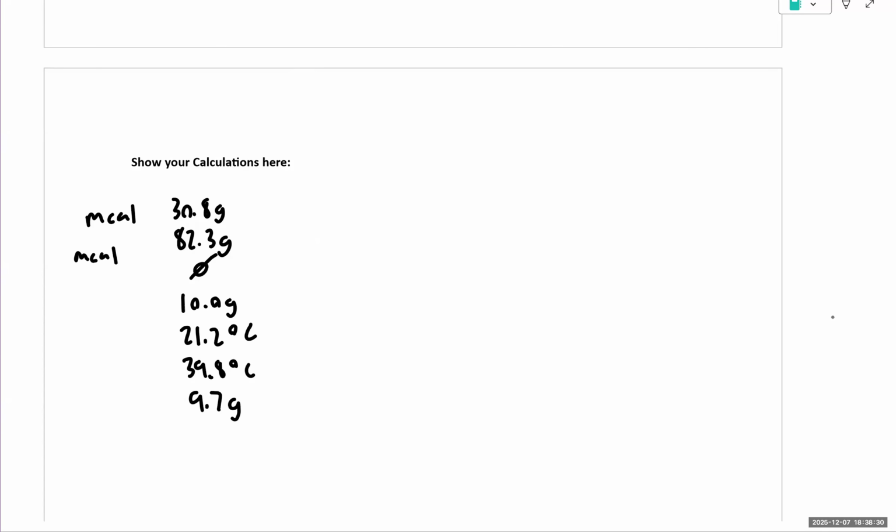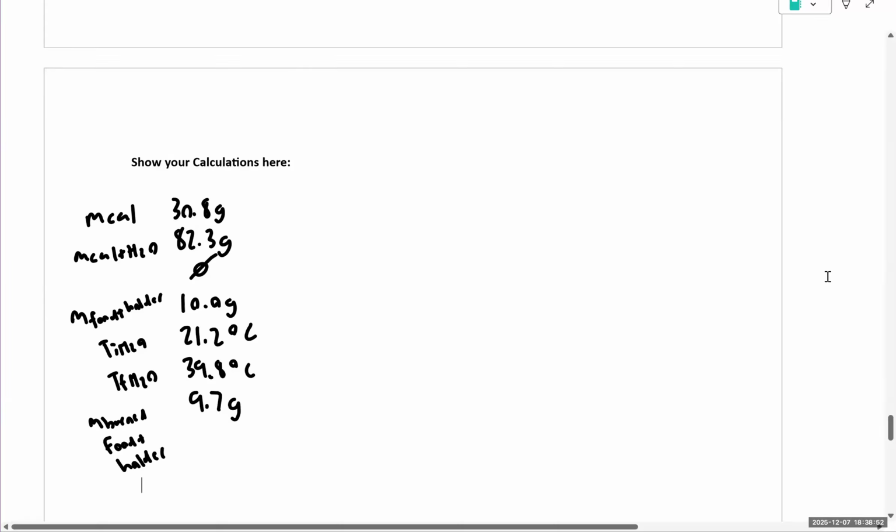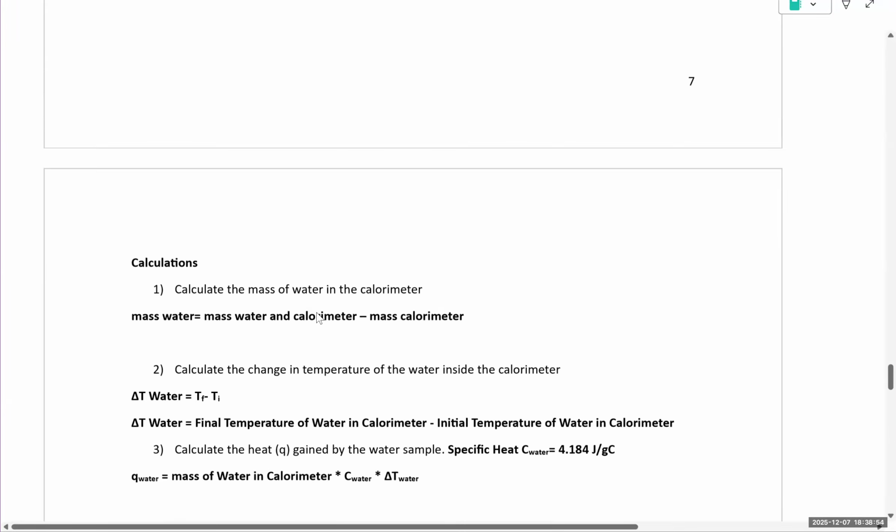This is the mass of the calorimeter plus water. This is the mass of the food plus the holder. This is the T initial of water. This is the T final of water. And this is the mass of the burned food plus the holder. Okay, so let's follow through the calculation step by step.